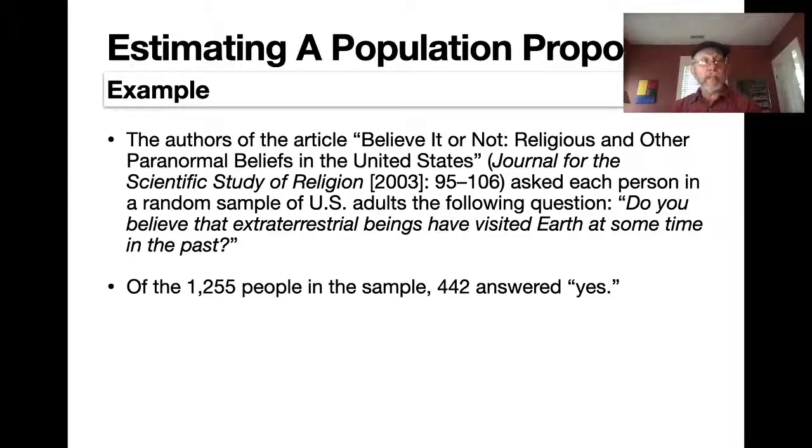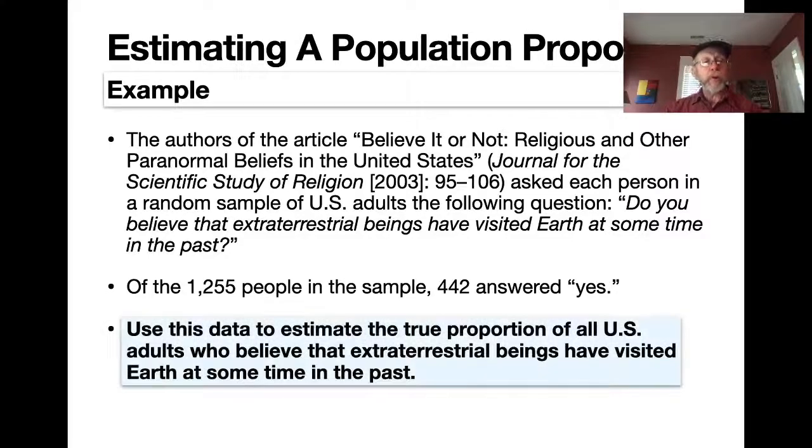So that may seem a little bit surprising, but that looks like somewhere around a third of the sample stated that they believe that extraterrestrial beings have visited the Earth at some time in the past. And what we want to do is use this data to estimate the true proportion of all U.S. adults who believe that extraterrestrial beings have visited the Earth at some time in the past.